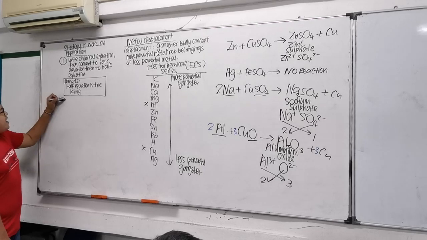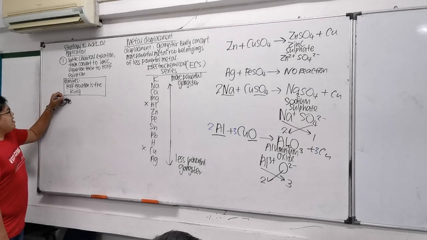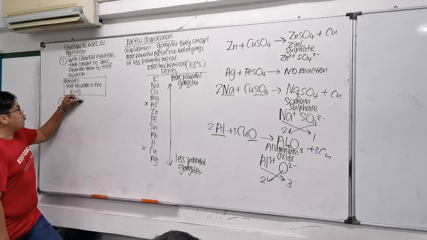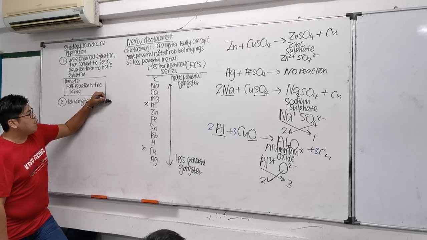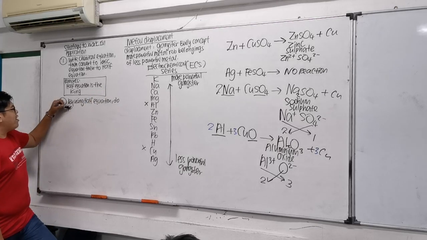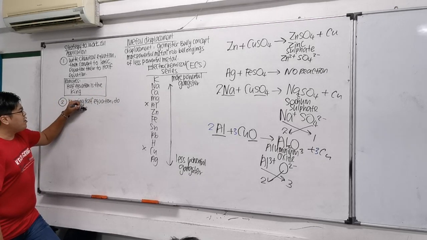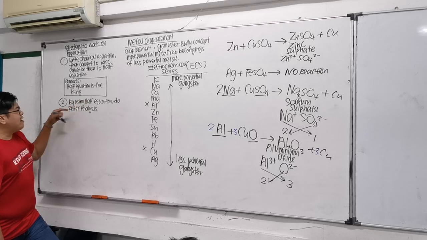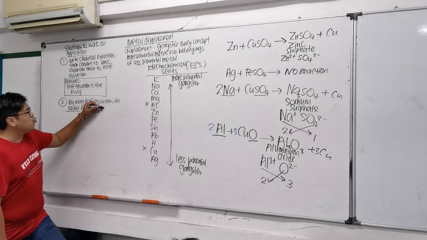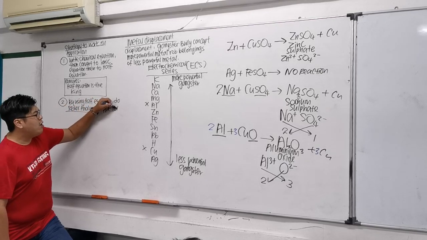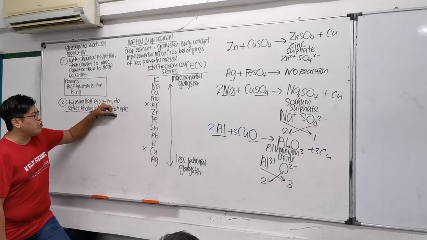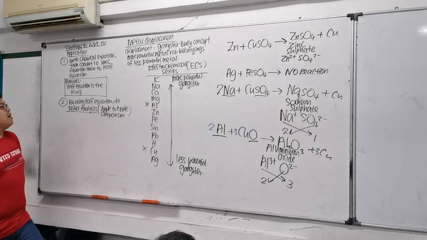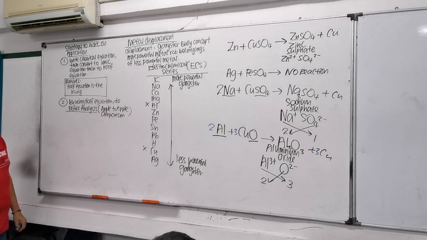Second, by using the half equations that we produce, you can do something called redox analysis. I want you to understand my language: when I say redox analysis, it means apple to apple comparison, which I taught you in the last 3 lessons. By using half equations, you can do redox analysis.